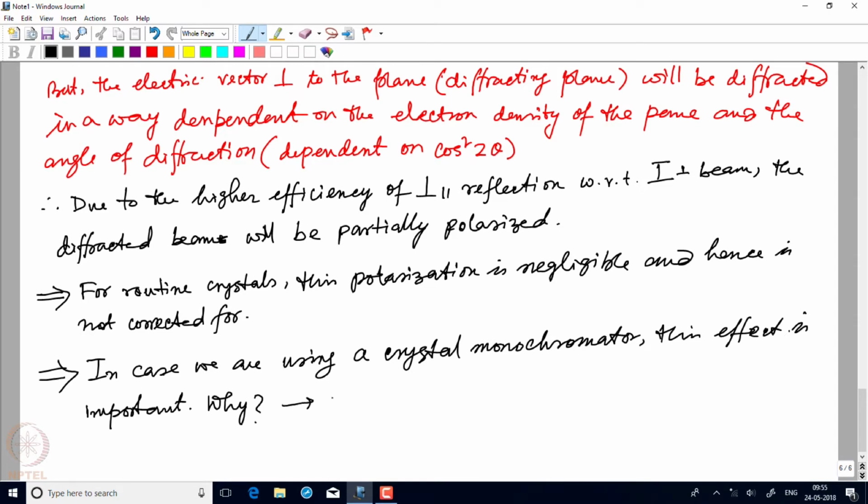Because the incident beam itself will be polarized.